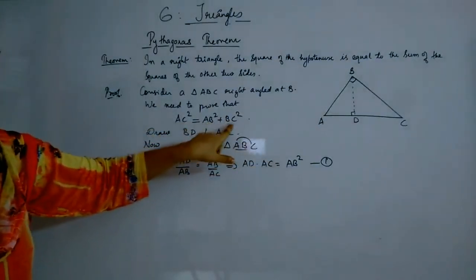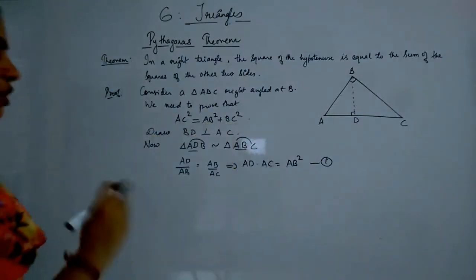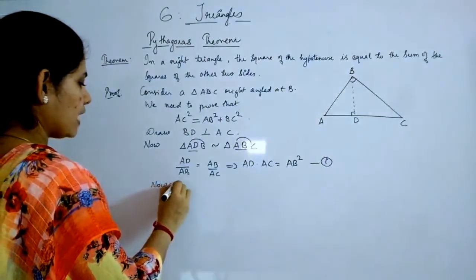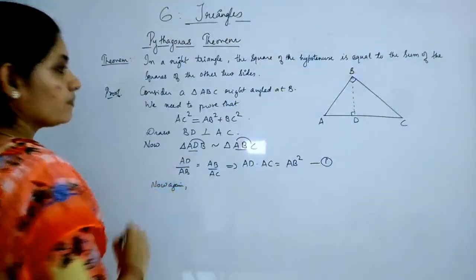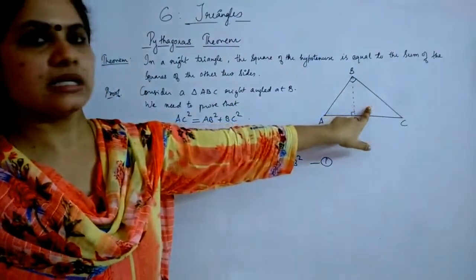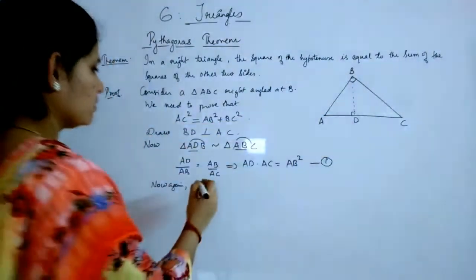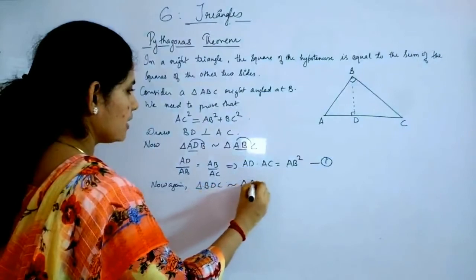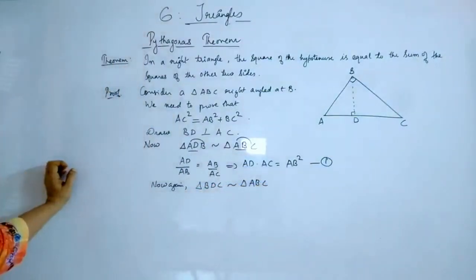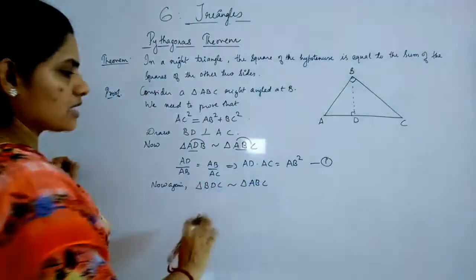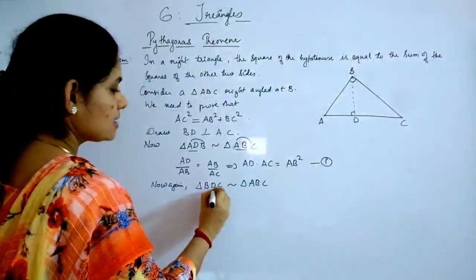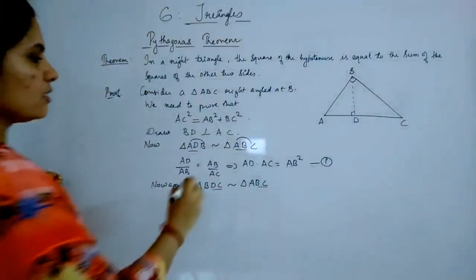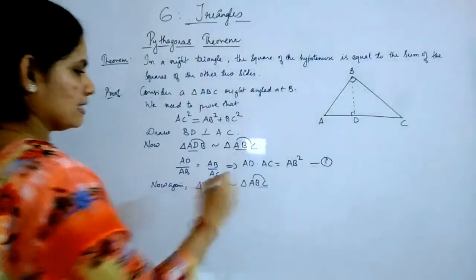Now we are planning to find out what BC square is. For that we have another concept. Again we have triangle BDC similar to triangle ABC. From this we can have the sides proportional, as DC by BC will be equal to BC by AC.